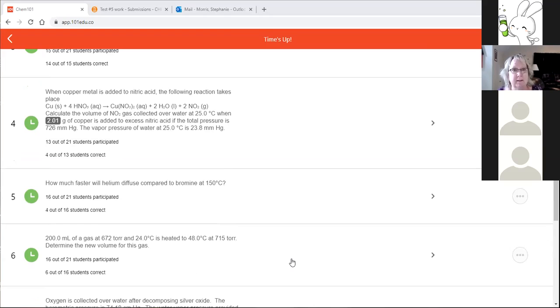Okay, on number 6, only 6 of you got this one right, so maybe I should set that one up. I'm going to stop share. The main mistake on number 6: it is a combined gas law, and some of you didn't change the temperatures to Kelvin.